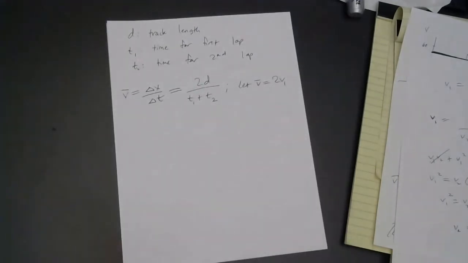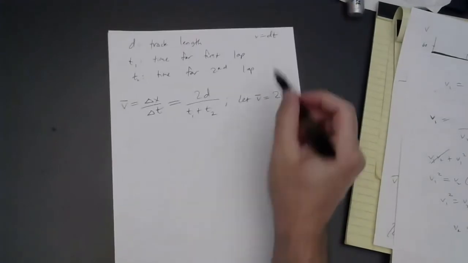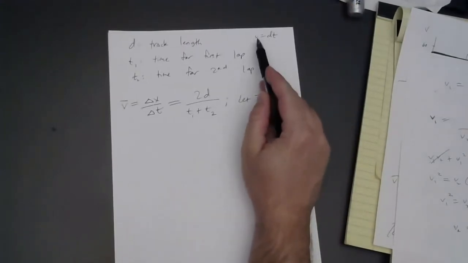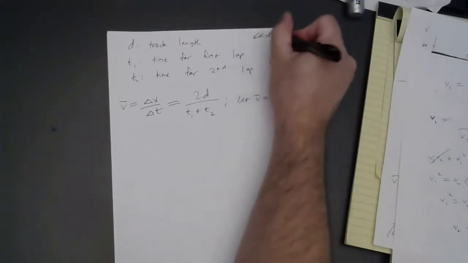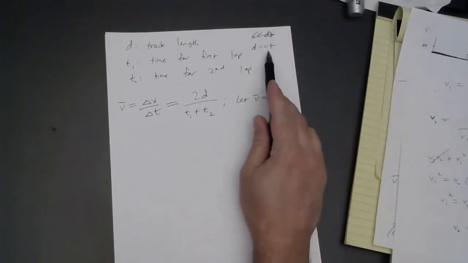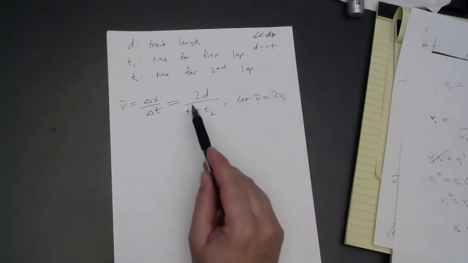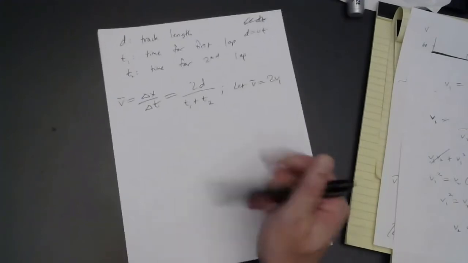Well, since we've already used this formula relating distance and time, I'm just going to quote it. Distance equals velocity times time. As long as your speed is constant, you can go ahead and use this, solve this for t, you get d over v. I'm going to use that to evaluate these 2 times.